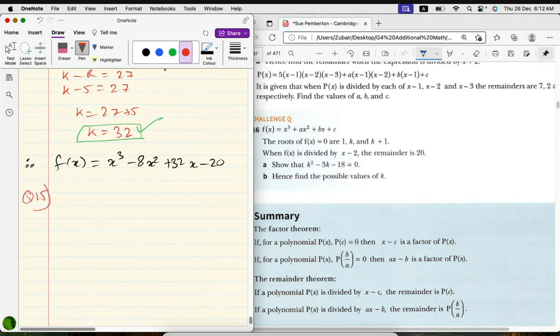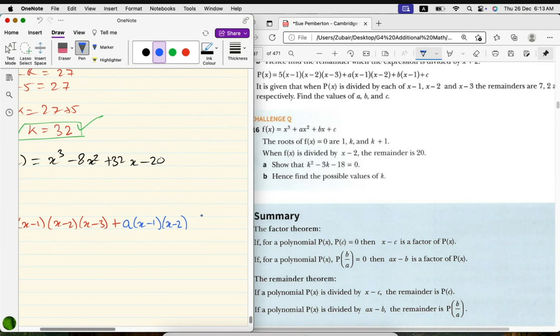Question 15. P of x equals 5 into x minus 1, x minus 2, x minus 3 plus a into x minus 1, x minus 2 plus b into x minus 1.